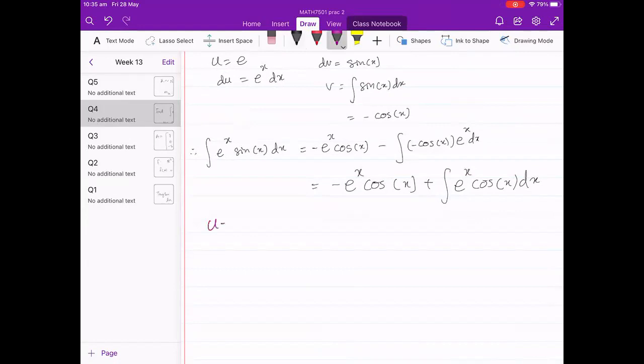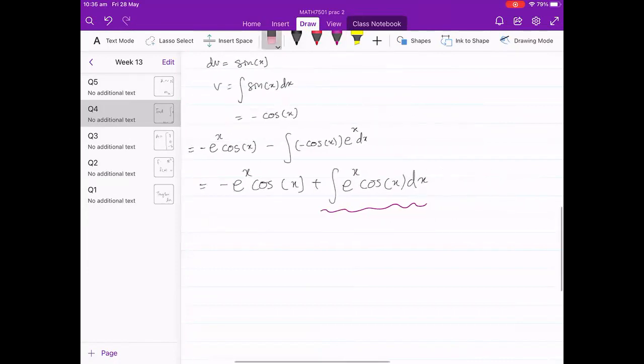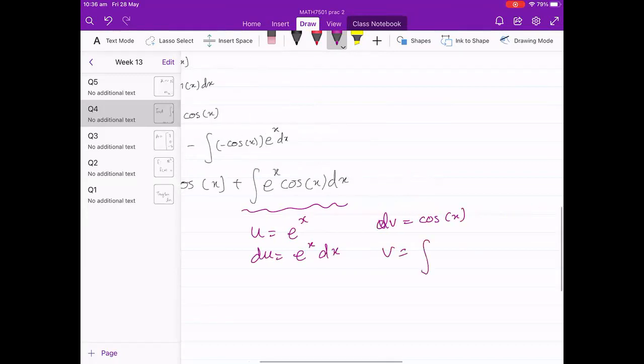Let u be again e to the power x for this part, so du is e to the power x dx, and dv is cos x, so v is the integral of cos x dx, which is equal to what? Sin x.